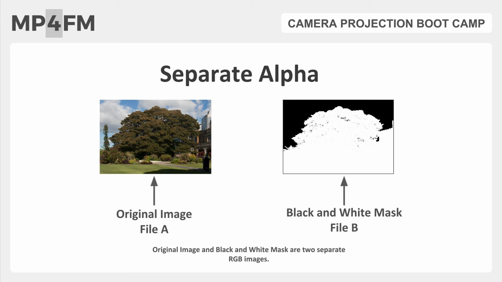And when you take both of these into Nuke, you can take this black and white RGB image and shuffle out one of the RGB channels into the alpha channel and then apply it to this tree. So this method, even though it takes a bit longer to do, sometimes when you're dealing with studios and their color workflows and stuff, this is a really safe way of dealing with your alpha channels.